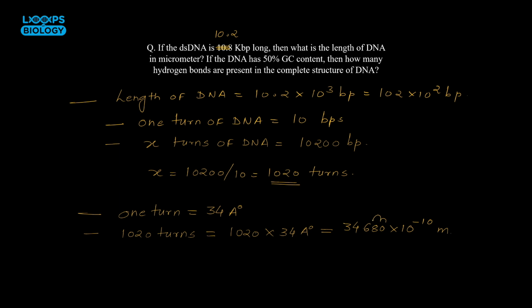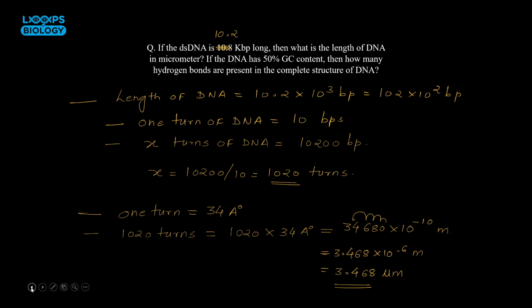So 1, 2, 3 and 4. So there will be 3.468 multiplied by 10 raised to minus 6 meter. That is nothing but 3.468 micrometer. This will be my answer in micrometer for the length of DNA containing 10.2 kilo base pairs. Got it?